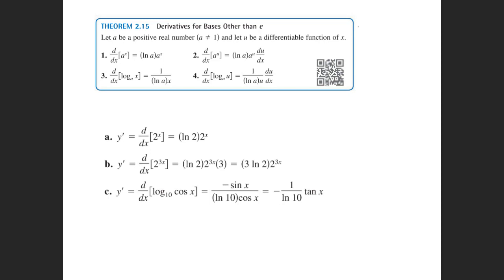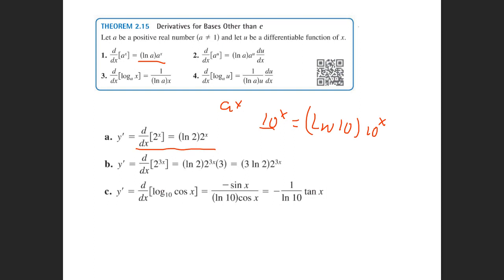It's kind of a weird one. I've never seen it on an AP test, but it is one of the ones that you're supposed to know. So if I gave you something like 10 to the x and asked you to find the derivative, you just follow this formula. 10 is my a value, x is my x value, so this would just be natural log of 10 times a to the x, which is just 10 to the x, done.